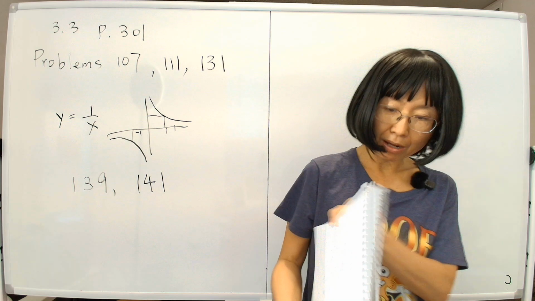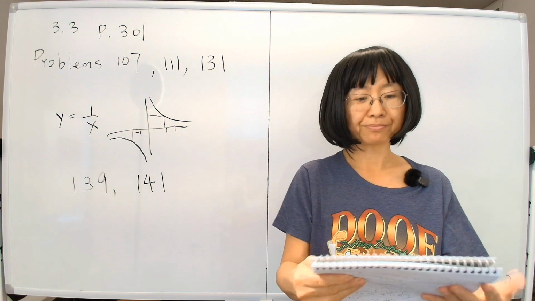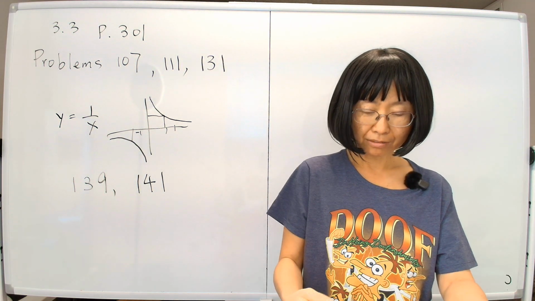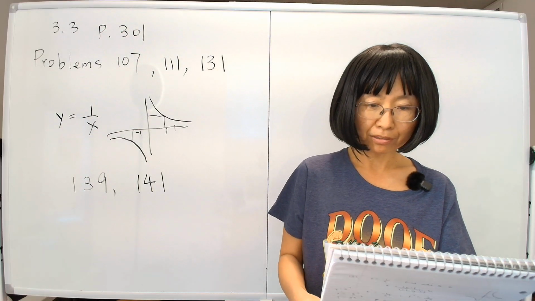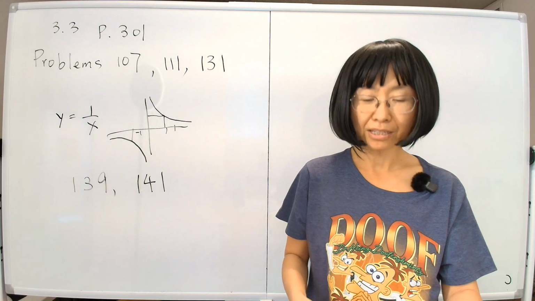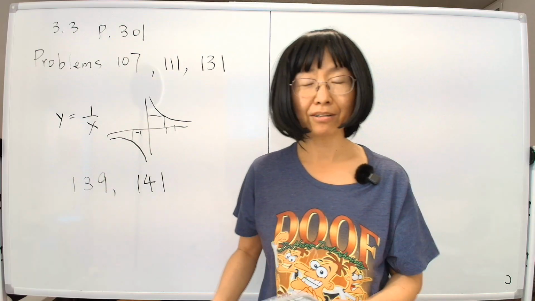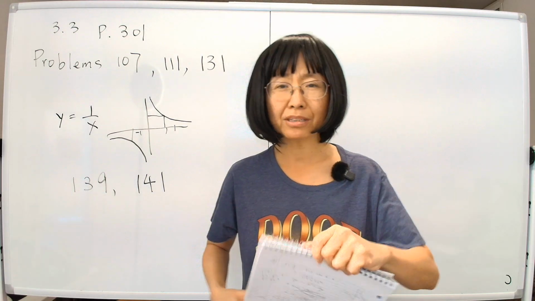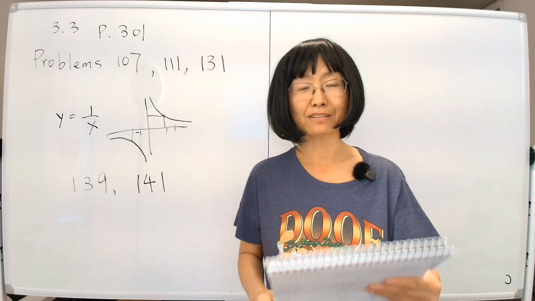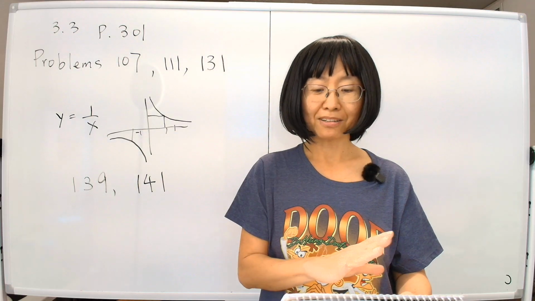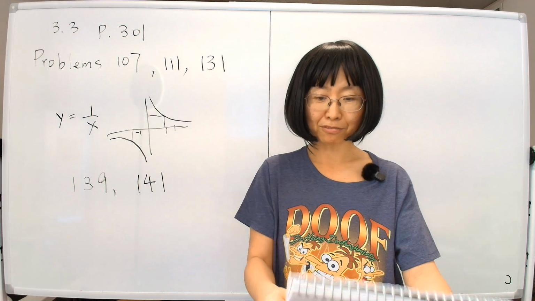Next, let's look at problem 141, which is more involved. What you're supposed to do is calculate the equation of the plane. You're probably wondering, where do we do that again? That's way back on page 195, so you look back and refresh your memory.